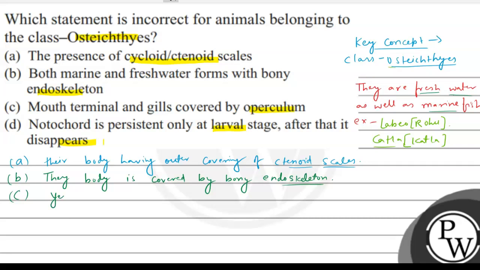And option C is mouth terminal and gills covered by operculum. Yes, they have operculum as the outer covering of the mouth terminal.